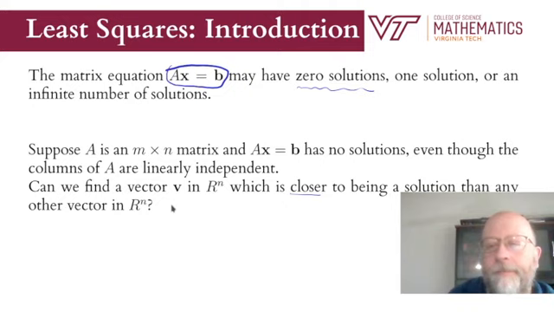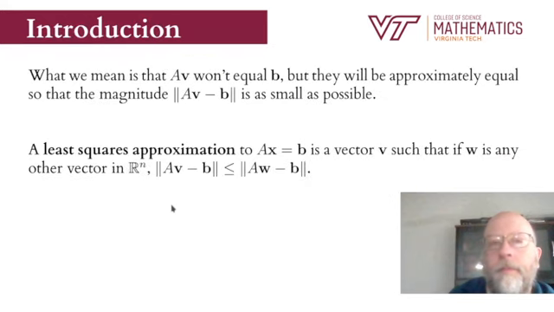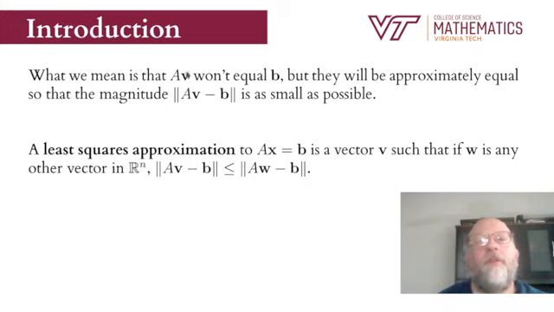Whatever this vector V is, A times V won't equal B, but the magnitude of the difference between the two vectors is as small as possible.